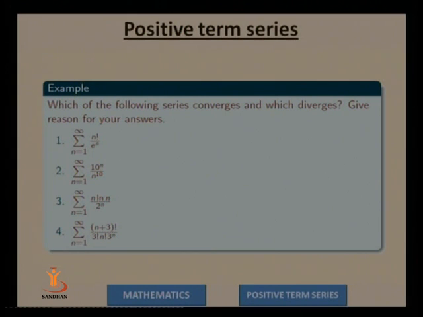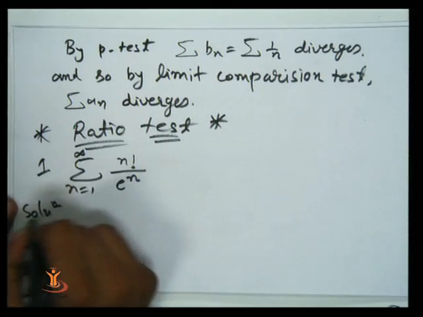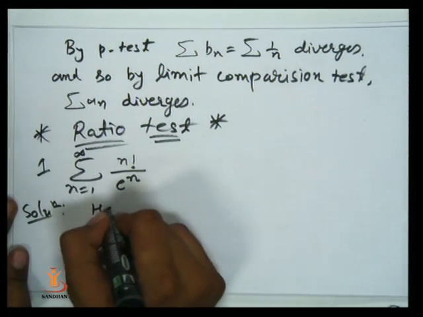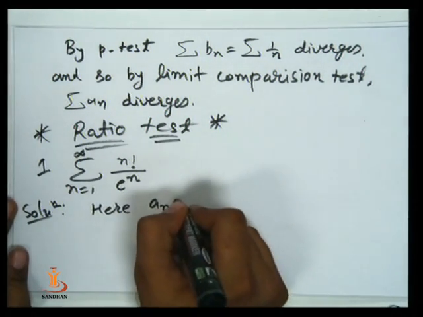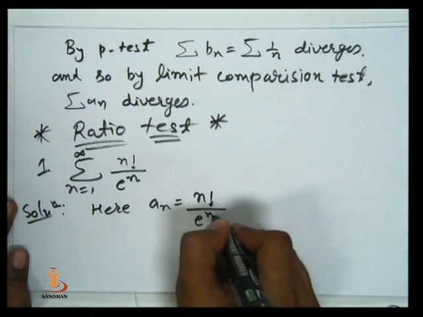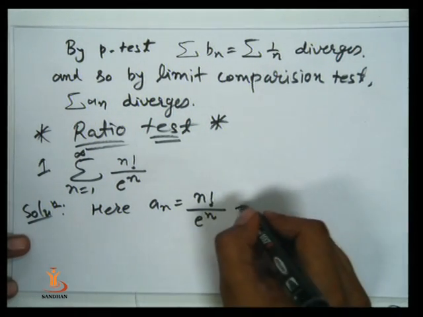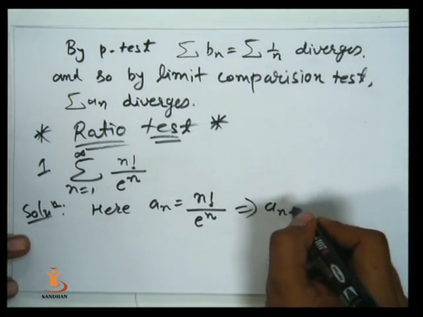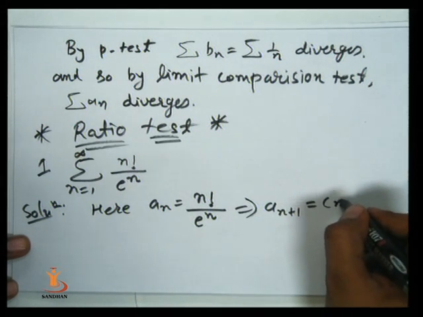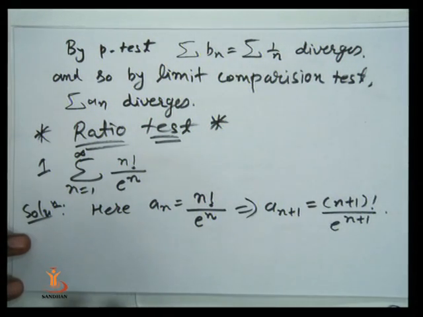Its solution is given by: here we have an equal to n factorial upon e raised to n. From that we can say that a n plus 1 is nothing but n plus 1 factorial upon e raised to n plus 1. That means we have to replace n by n plus 1 in an.